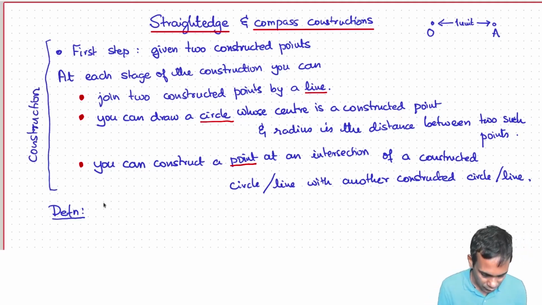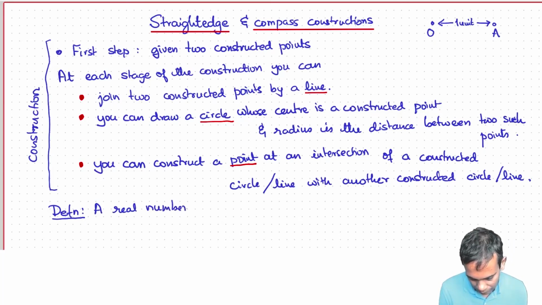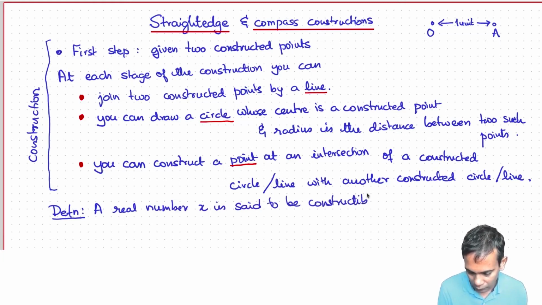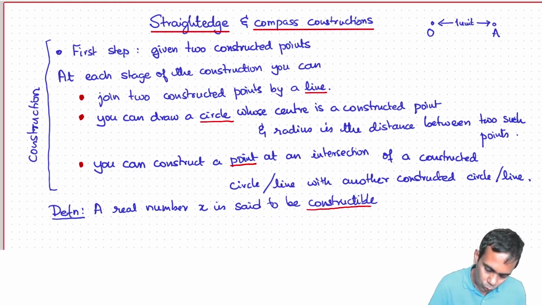Okay, so the definition is: a real number x is said to be constructible if it is the distance between two constructible points.